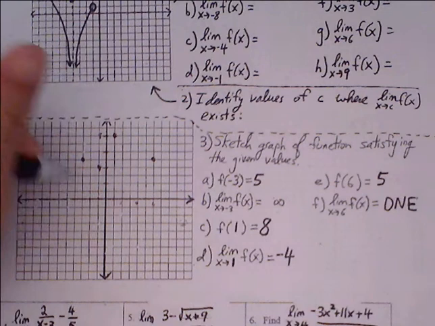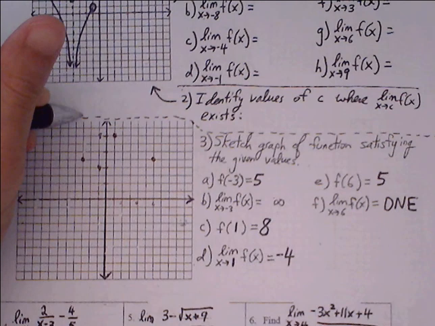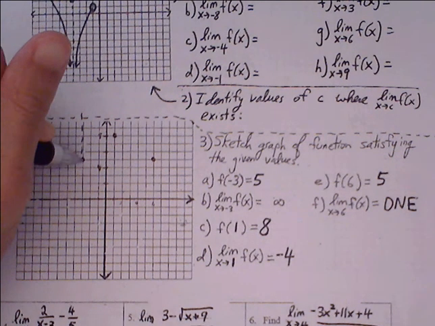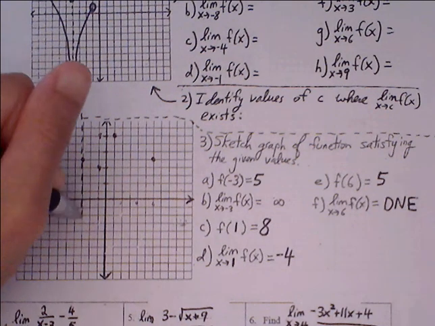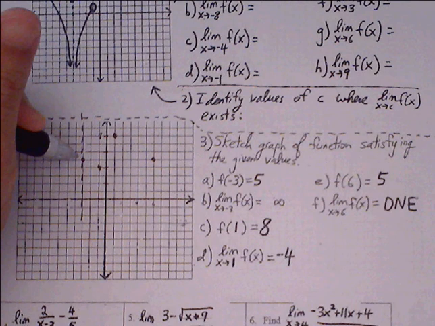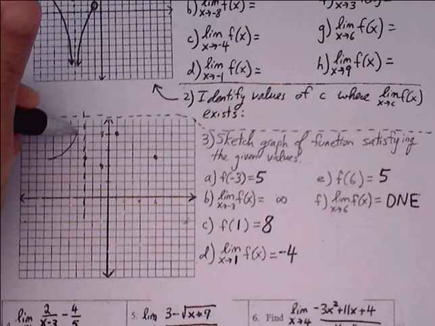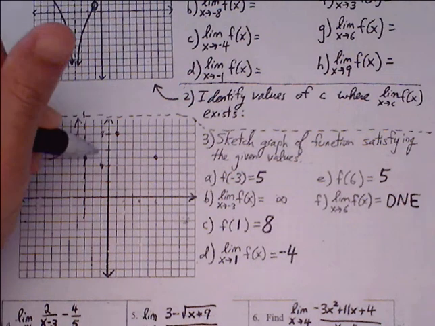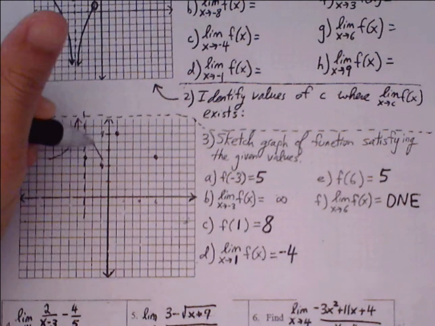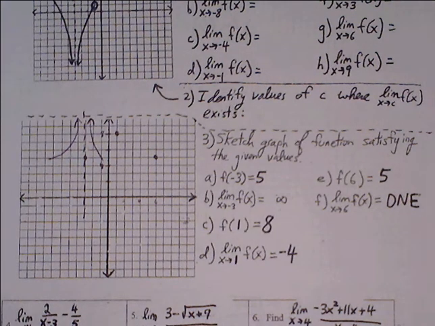So at -3, I'm going to put a vertical asymptote. Okay, so we know that on either side of -3, the graph is going to go up to positive infinity. Okay, I'll connect the rest of the graph later.